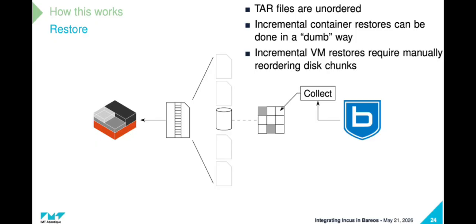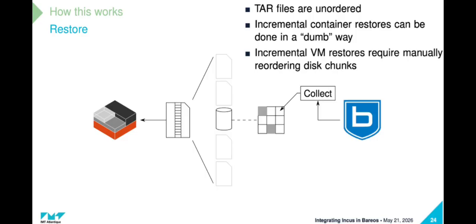So it means that you can get chunks of data which are unordered. So the plugin has to be a little more clever with that. It has to reorder the different disk chunks when performing restores of incremental backups. So yeah, that was the hardest part of the plugin.